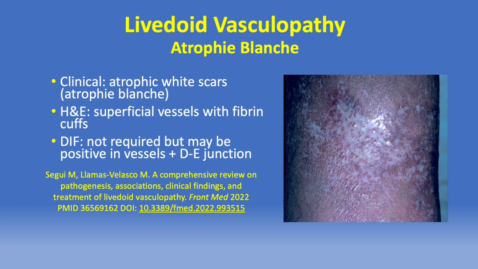Livedoid vasculopathy is characterized by the clinical presentation of distinct white scars known as atrophie blanche. Histologically, superficial dermal vessels are associated with fibrin, either in the lumen or obscuring the vessel walls.